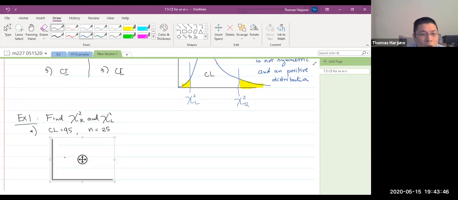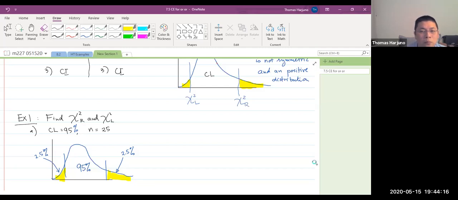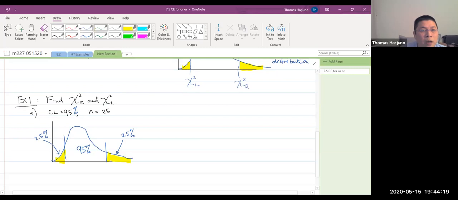It means I want the area in the middle to be 95%. 95% here. And the area of each tail is 2.5%. This is my chi-squared right, and this is my chi-squared left.